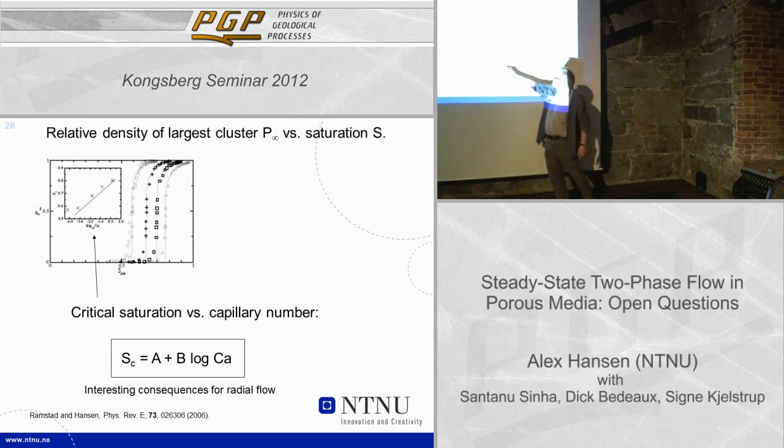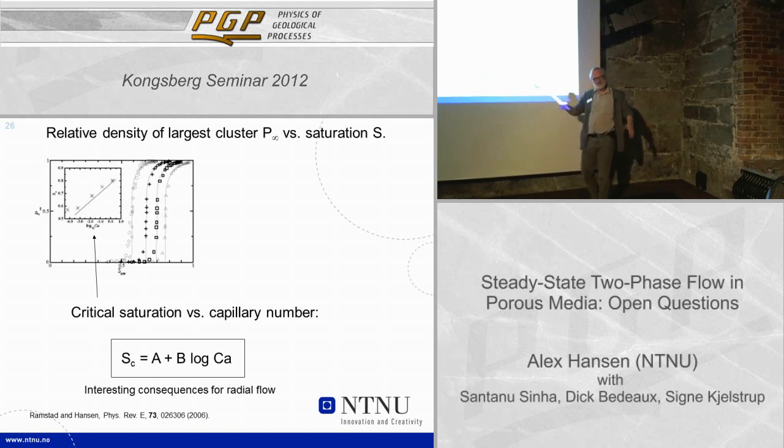But that depends on how fast the thing is flowing. So it moves as you go up in capillary number. And here's the critical saturation as a function of capillary number. And that's very interesting because if you have radial flow, you'll have this critical region somewhere away from the well. I don't know if that's useful, but for us physicists, it's wonderful.